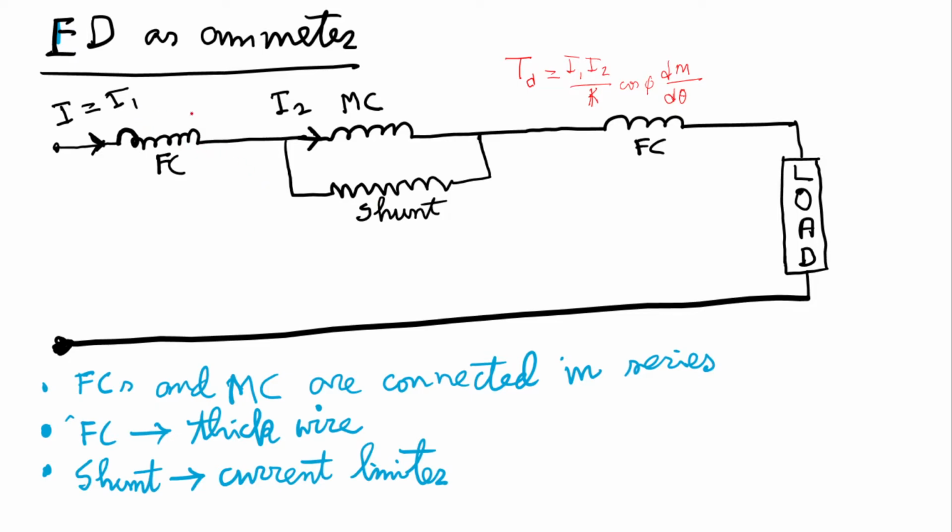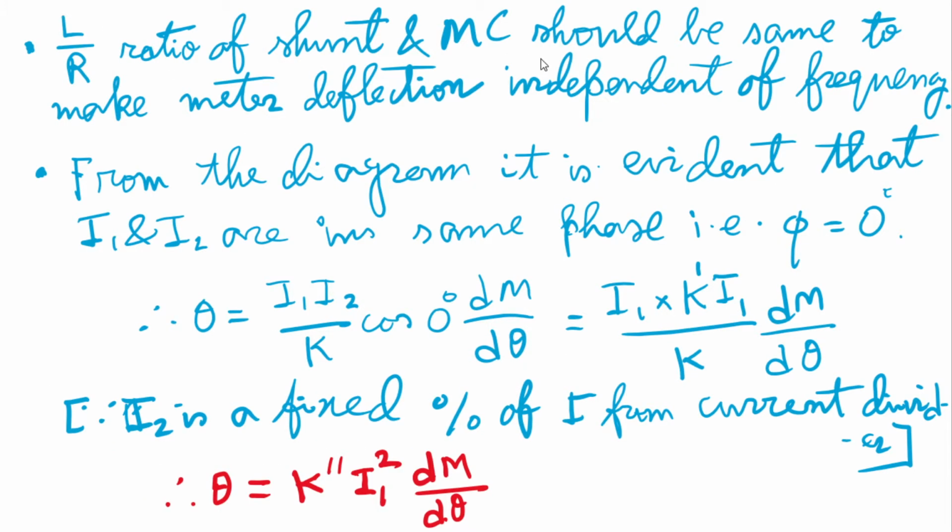So basically I1 and I2 are connected in series. Although we can apply current divider rule, then we get that I2 is a certain fraction of I1. Okay. So basically TD will be some constant into I1 square by K cos phi dM/dθ. That I will be showing you on the next slide.